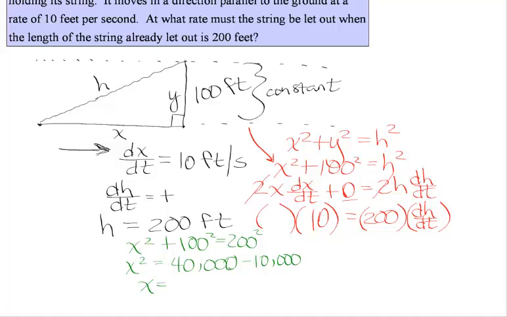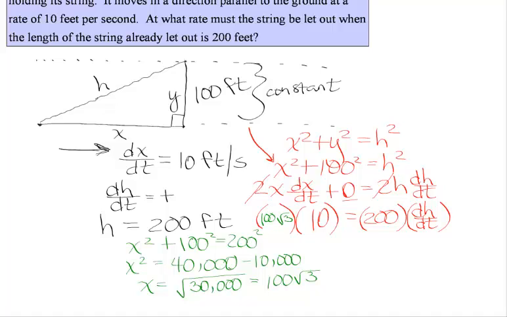So x is going to have to be the square root of 30,000, which is the root of 3 times 10,000. So a 100 gets to come out of there, but the 3 has to stay under there. So there's my value for x, 100 root 3.